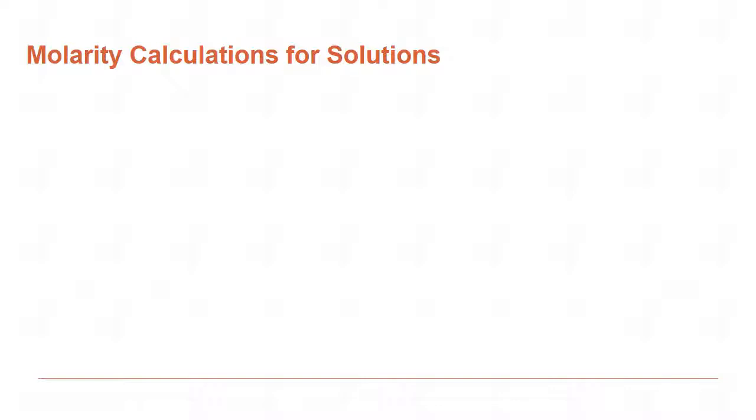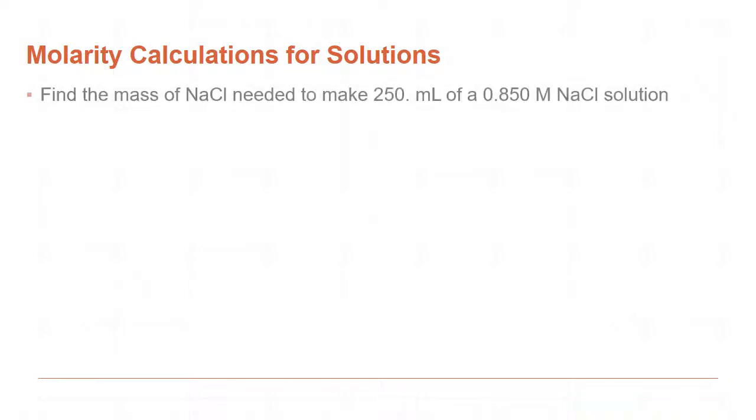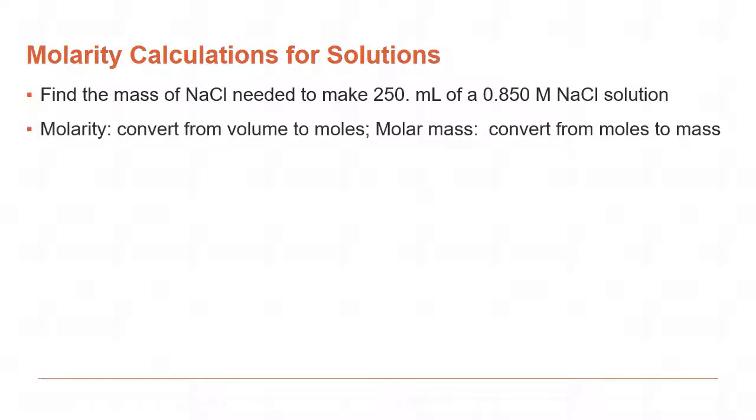Before we get to our stoichiometry problem, let's look quickly at a solution molarity calculation problem. What we want to do is find the mass of sodium chloride, a solid, needed to make 250 milliliters of a 0.850 molar NaCl solution. Molarity will allow us to convert from volume to moles.